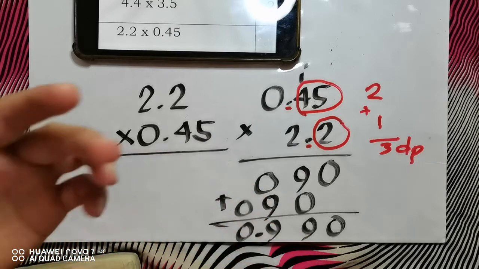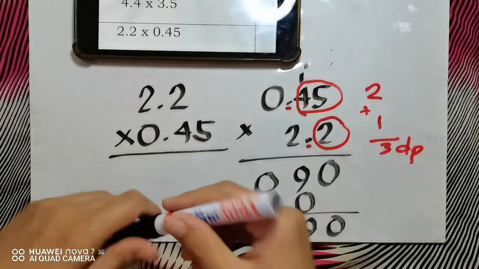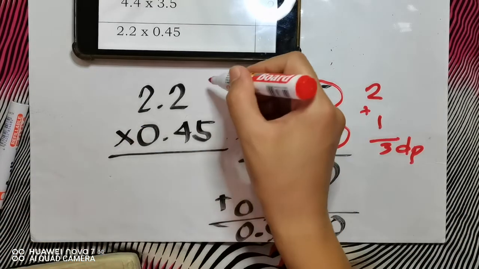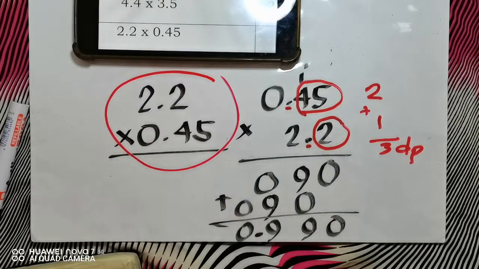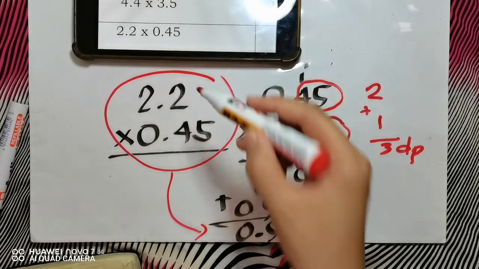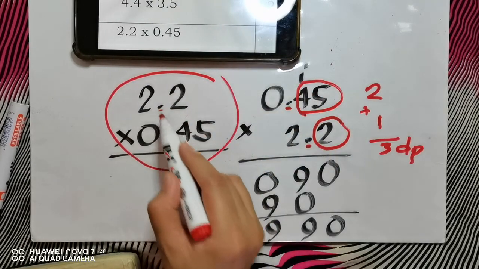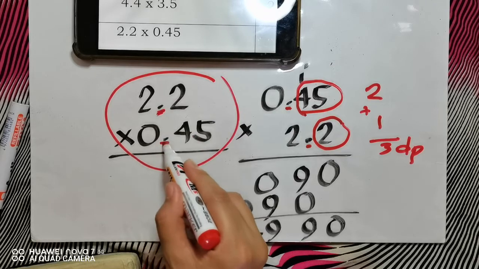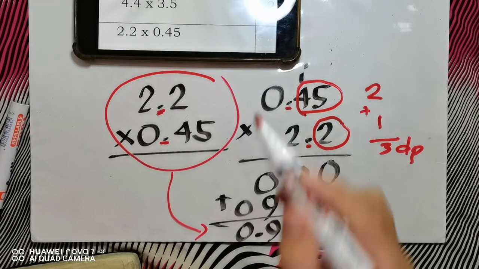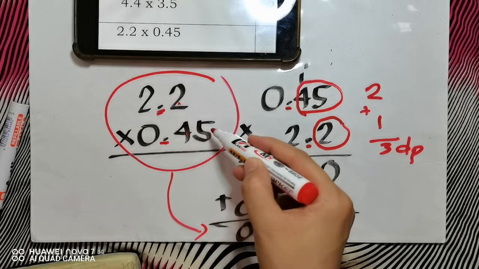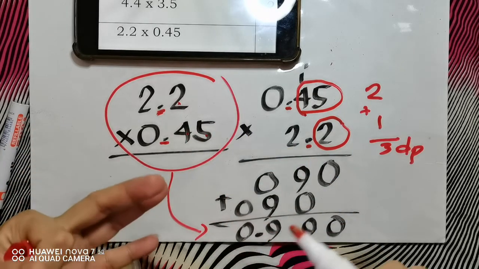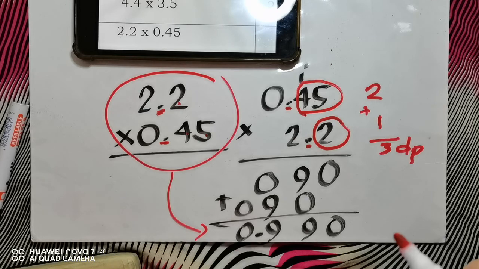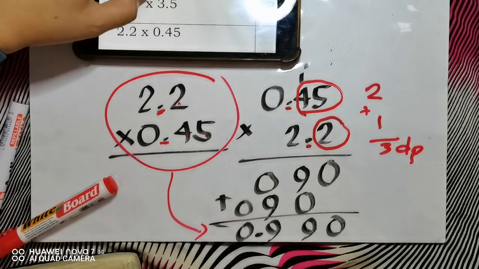Sa madaling salita, kung ilan ang decimal place dito, kung ilan ang decimal place dyan, ganun din dapat ang decimal place mo sa iyong sagot. So, hanapin ang decimal point, bilangin ang mga numbers, 1, 2, 3. So, dahil may 3 digit, 3 din dapat sa iyong sagot. So, mula dun sa pinakakanan, 1, 2, 3. Okay? That's how you get the answer.